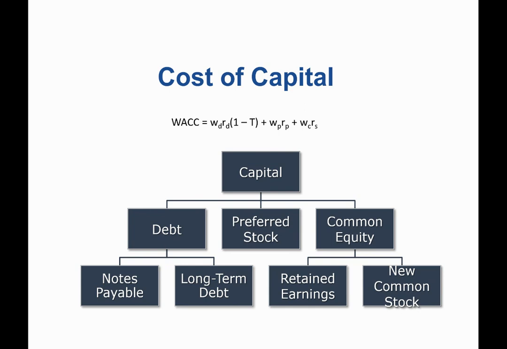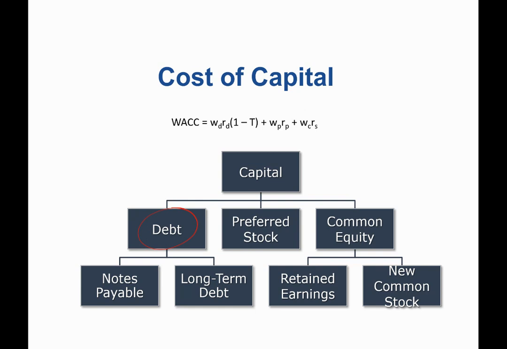Now, from our general understanding, the assets for a firm are financed in two ways, either through debt or through equity. So it's either debt, preferred stock, or common stock.